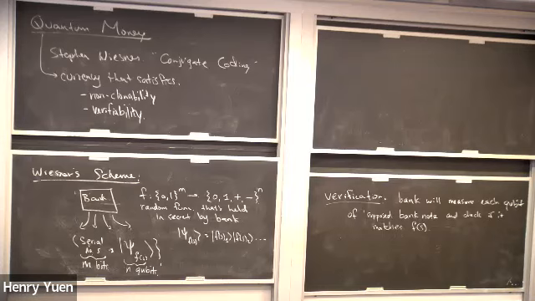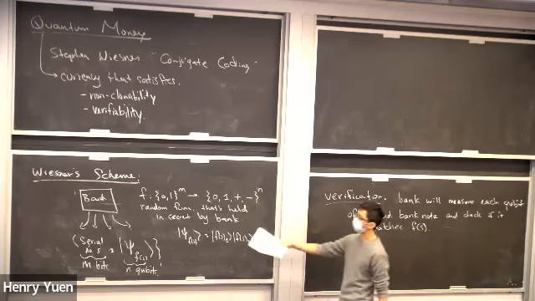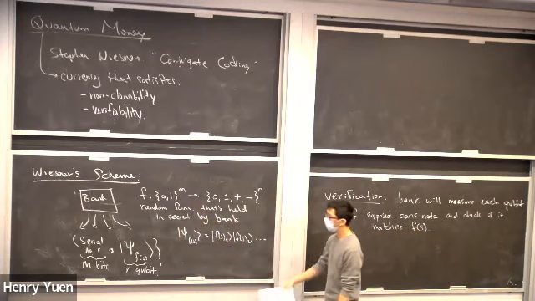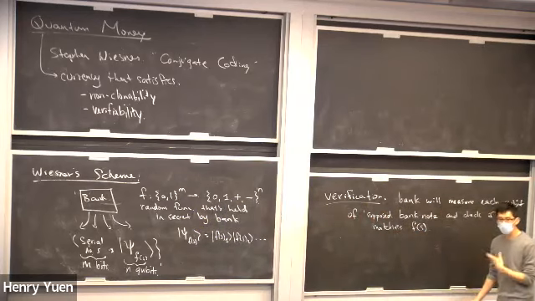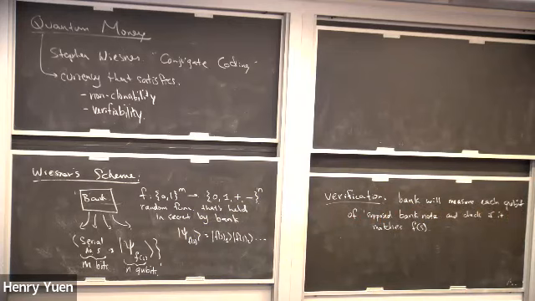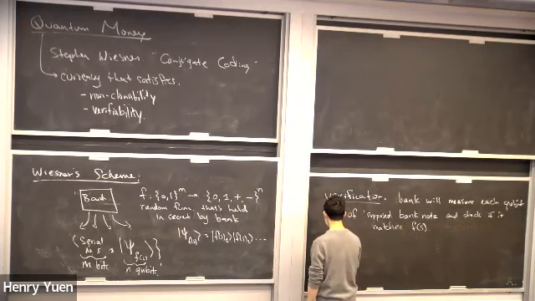So that's the verification. And you can see why it makes sense, right? If the general populace, if Alice doesn't know this f, then she has to guess for each qubit what the correct basis is. And she's going to be wrong in most of them. So that's verification. And then what about non-clonability?